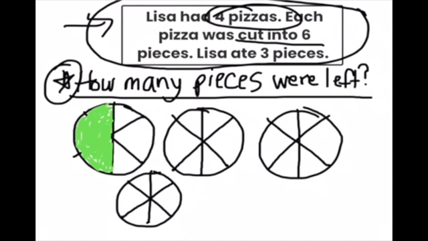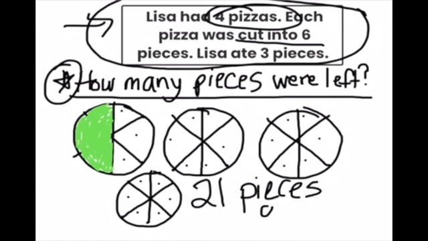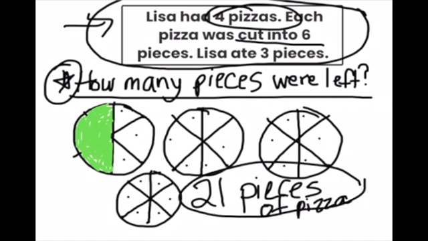It's as easy as that. 1, 2, 3, 4, 5, 6, 7, 8, 9, 10, 11, 12, 13, 14, 15, 16, 17, 18, 19, 20, 21. So how many pieces were left? 21 pieces of pizza are left. That is our final answer.